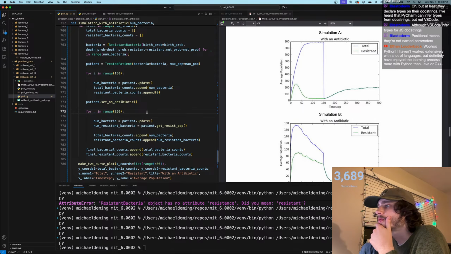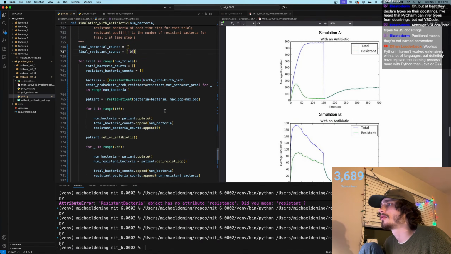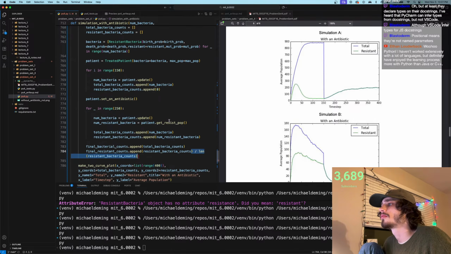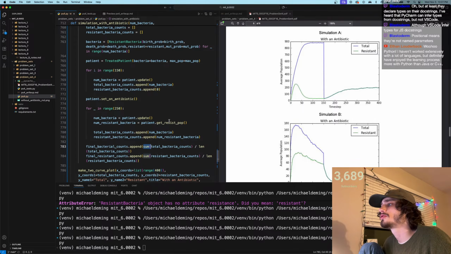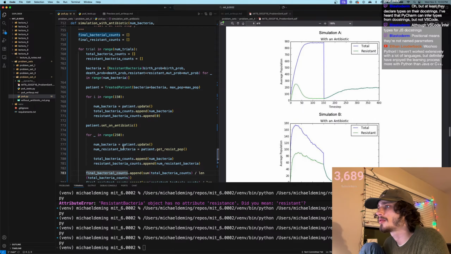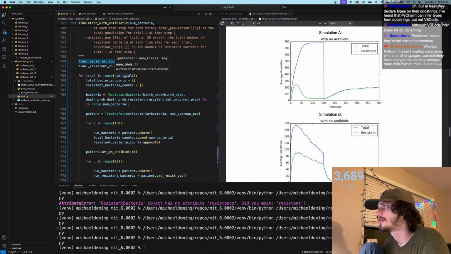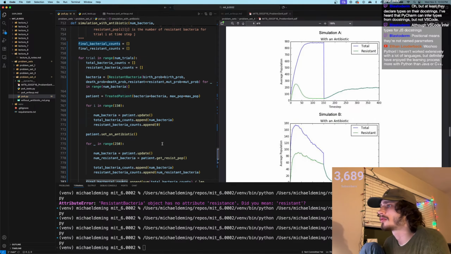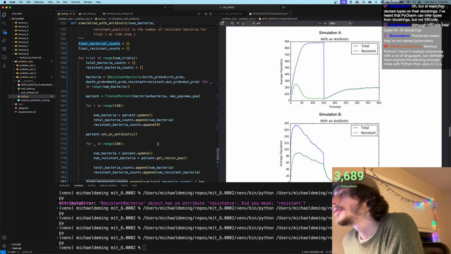Okay, so we would do the average of our current trial run. We're going to add that to the final bacteria counts. Oh my god.